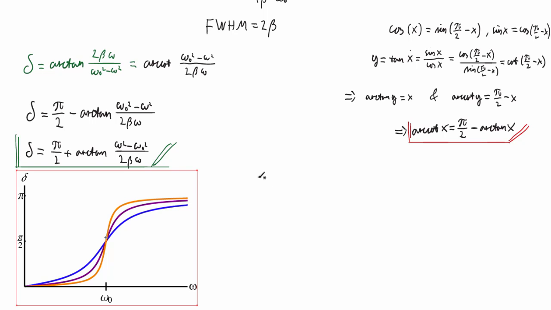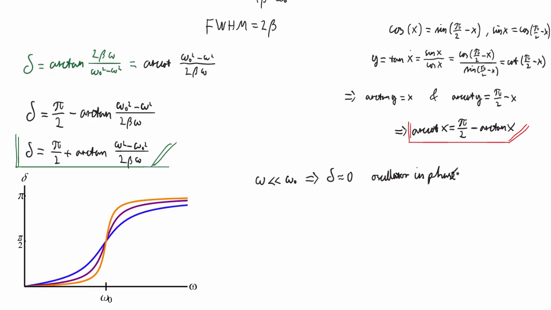So to put that differently, delta equals 0 means that the oscillator and the driving force move both in the same direction at the same time.